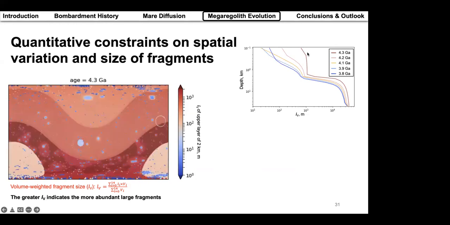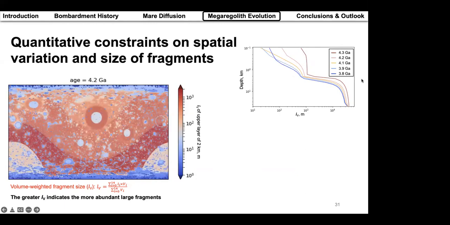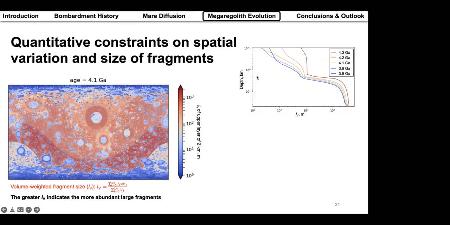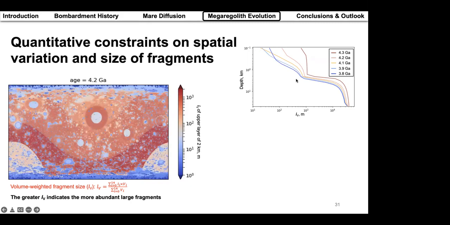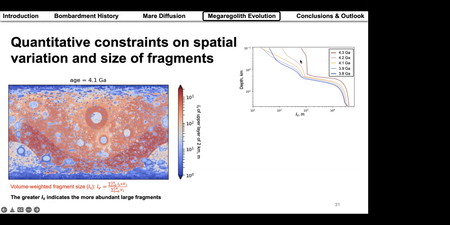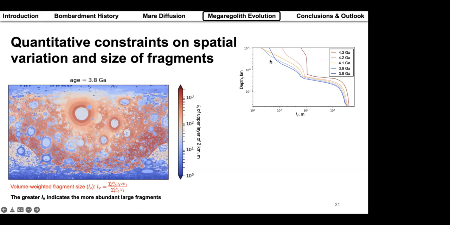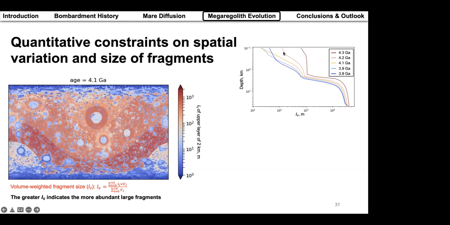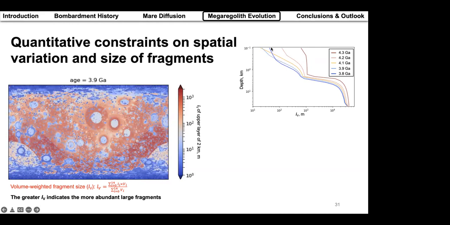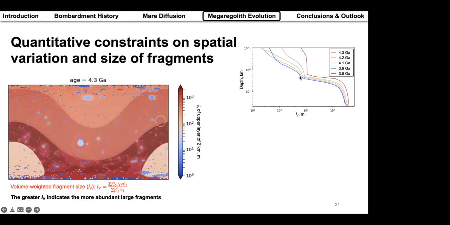As you can see, there are layer structures, especially for the top 2 to 3 kilometers, where the fragment size gradually decreases with time. But an interesting thing to note is that there is an opposite trend at 3.8 gigayears.